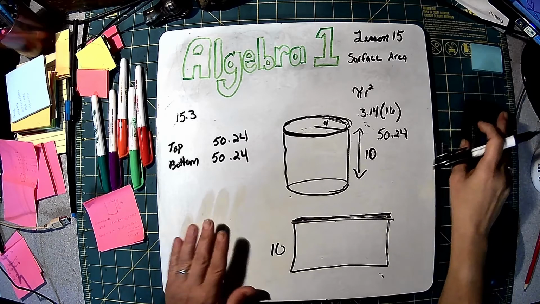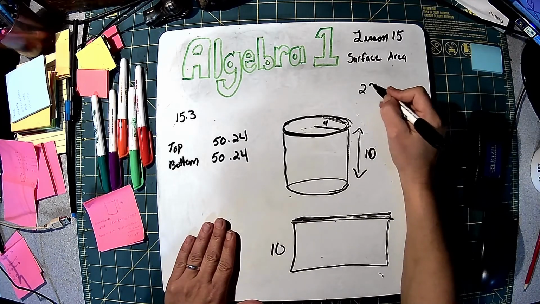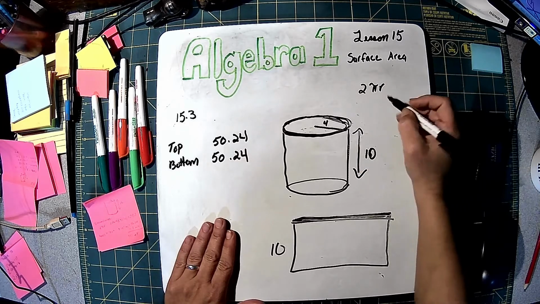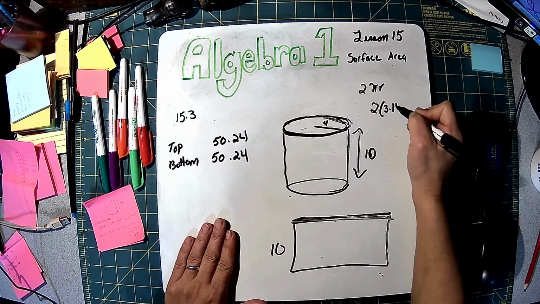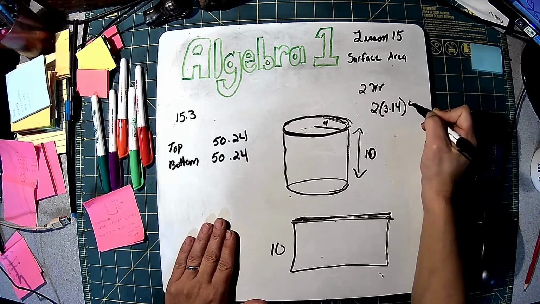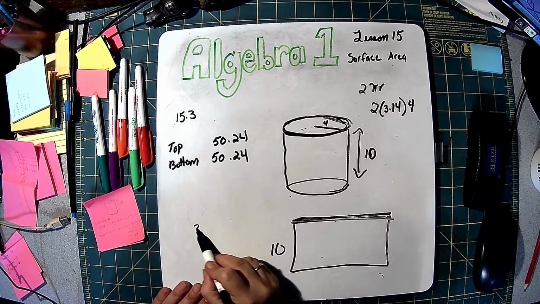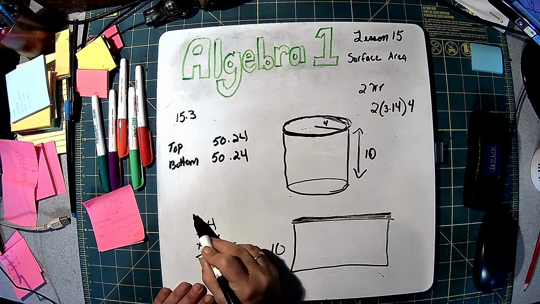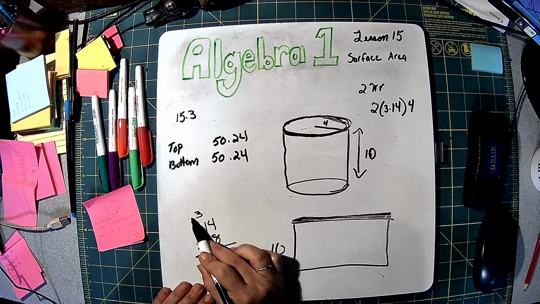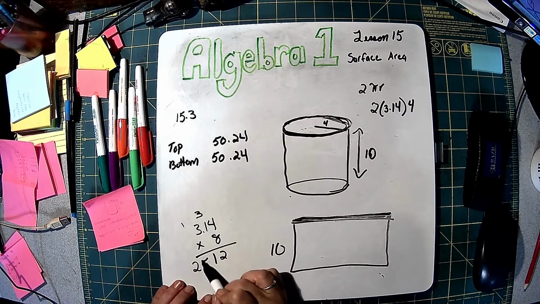So to find the circumference of a circle, we're going to do 2 pi r, and r is 4. So 2 times 3.14 times 4. 2 times 4 would be 8, so 3.14 times 8. 3 times 8 is 24, 25.